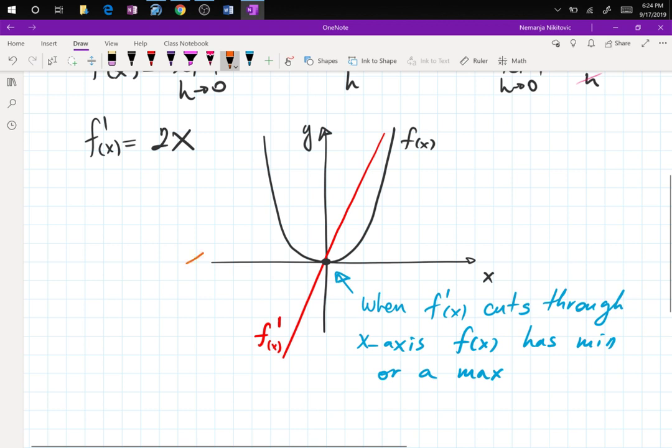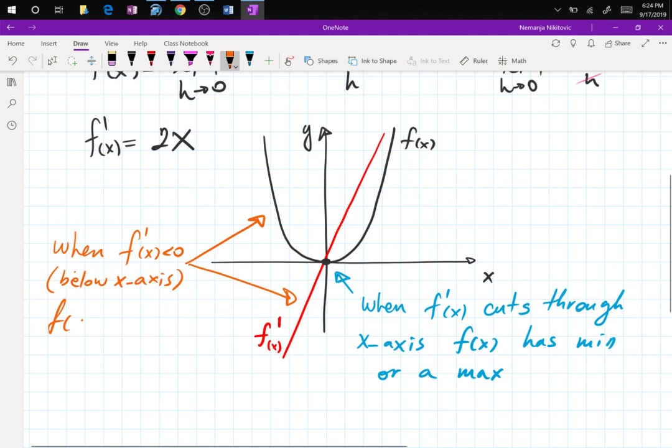I'm going to poke the arrow both ways this way and say when f prime of x is less than 0, meaning below the x-axis, f of x is decreasing.